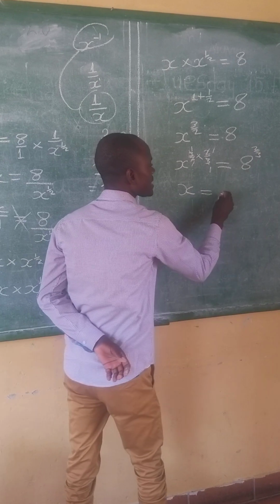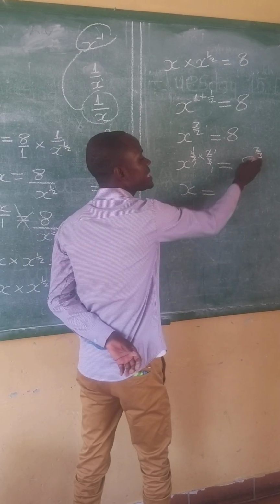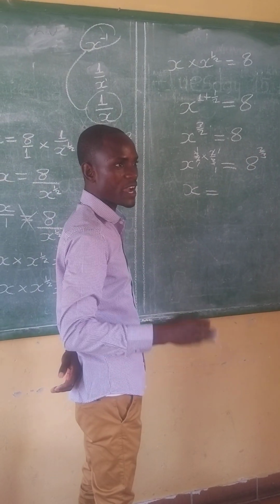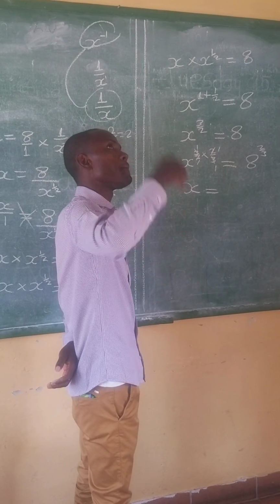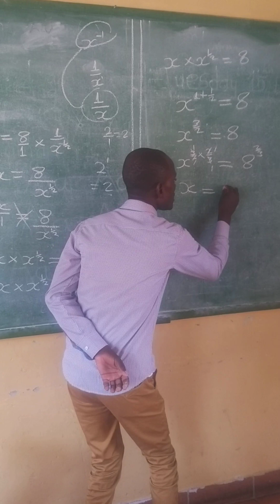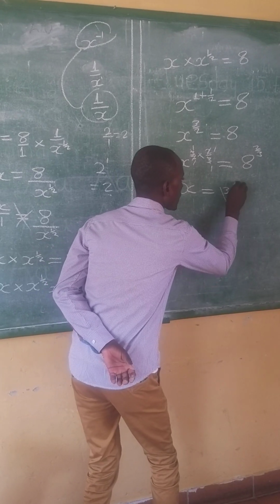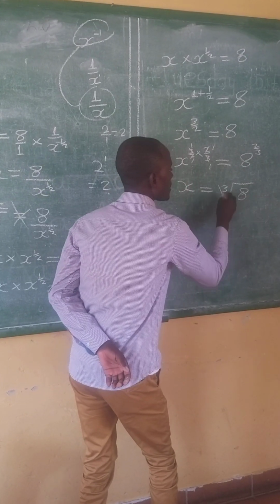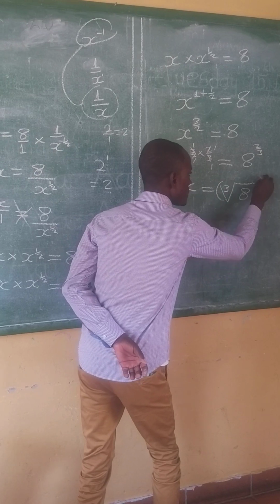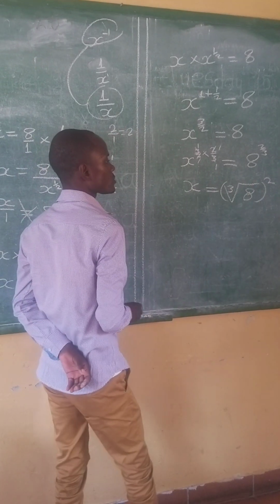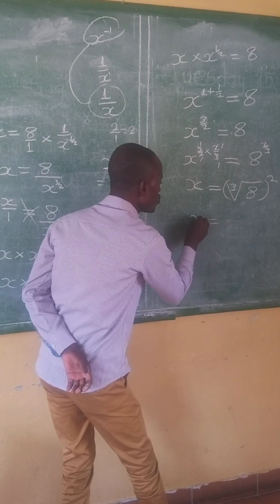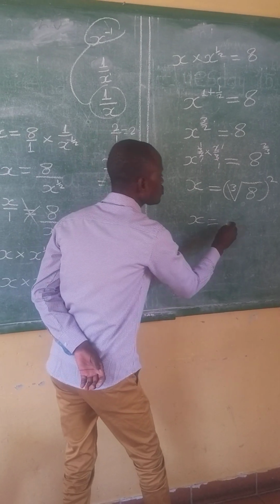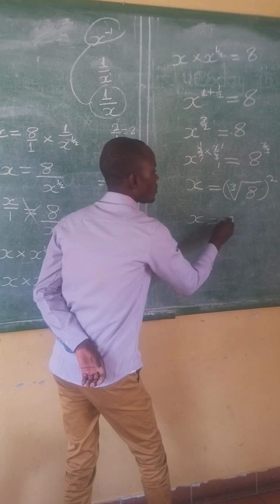This is just the same as finding the third root of 8 to the power 2, which is the cube root of 8 to the power 2. So now, what is the third root of 8? The third root of 8 is 2.